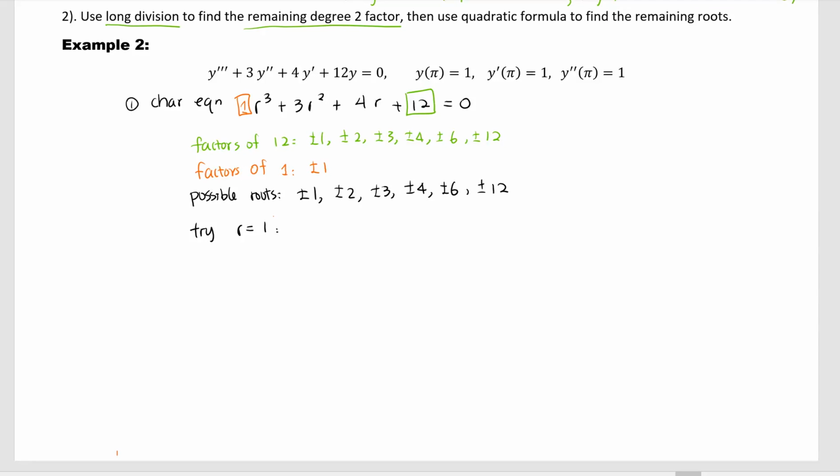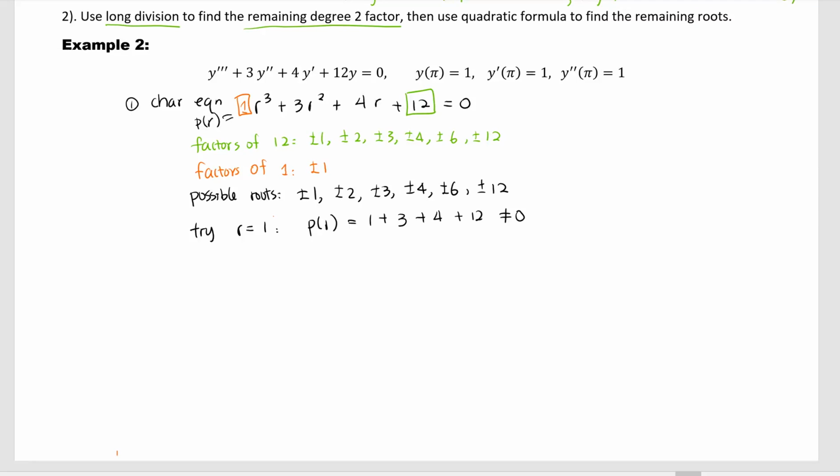Always try 1 first. So let's call this P of r. P of 1 is 1 plus 3 plus 4 plus 12, and that is greater than 0, so it is not equal to 0. So r equals 1 is not a root.